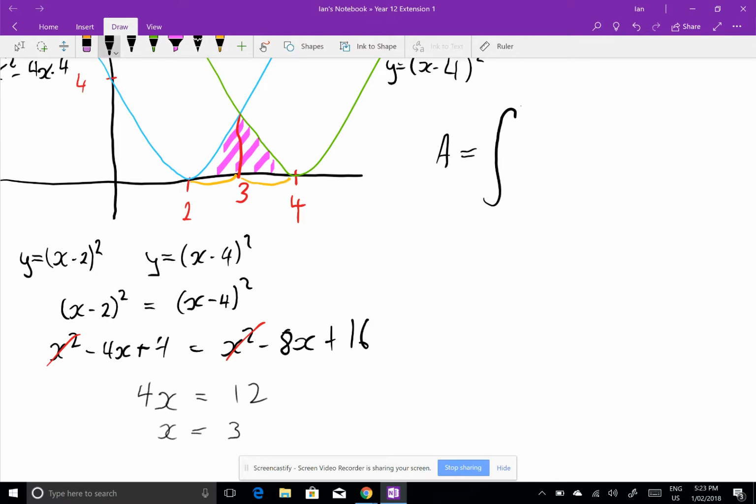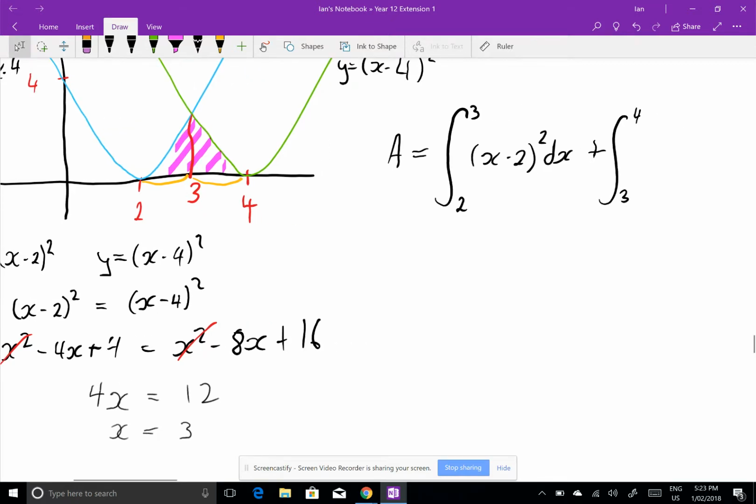So the integral between 2 and 3 of x minus 2 all squared dx, plus the integral from 3 to 4 of x minus 4 all squared dx. And they're the two areas. Now, be careful, you can't combine these two into one integration because they have different limits. So you can't put them together. You've got to do them separately.